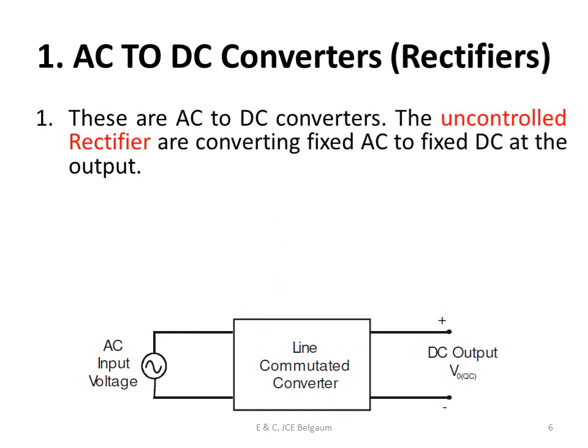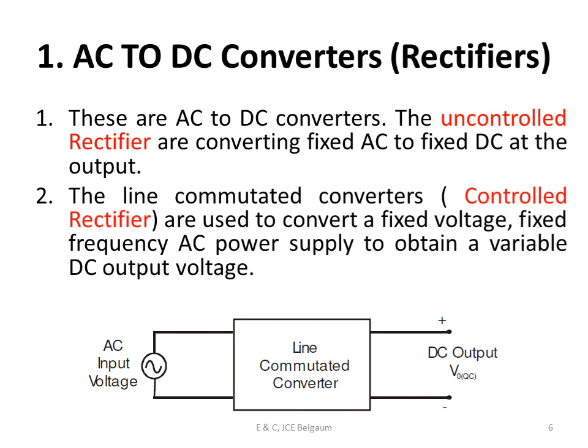In an uncontrolled rectifier, I convert a fixed AC to a fixed DC, and the device used for conversion is a normal diode. In a line commutated, that is, controlled rectifier, if I use SCR instead of the diode, then I will be converting a fixed AC to a variable DC.